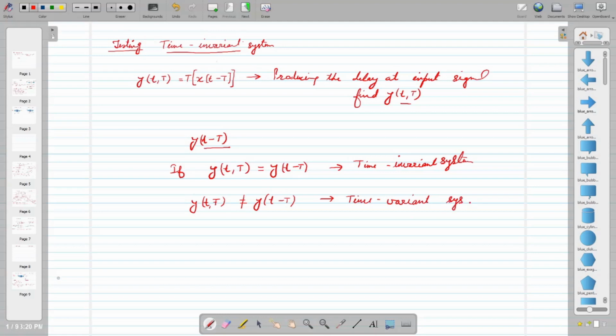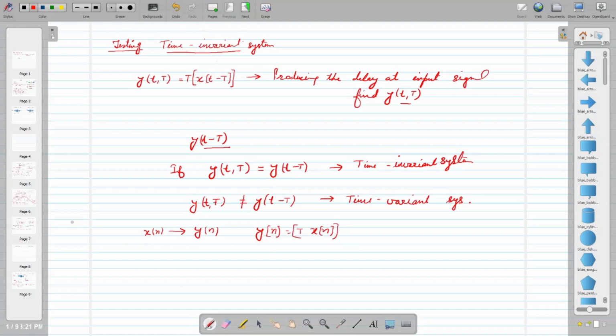For discrete time systems, we are going to follow the same steps. Here we assume that we have x[n] at the input side, and the system produces y[n] at the output side. Mathematically, we can define y[n] as the transformation of x[n].